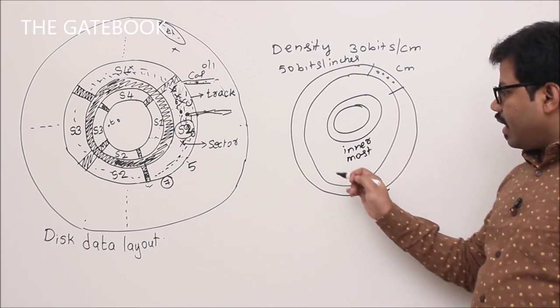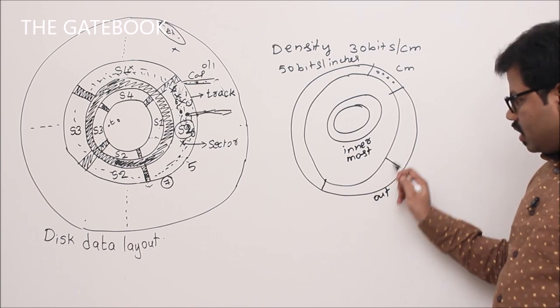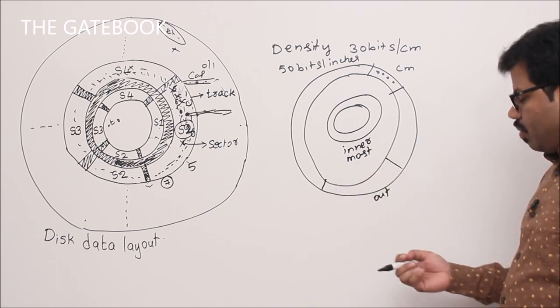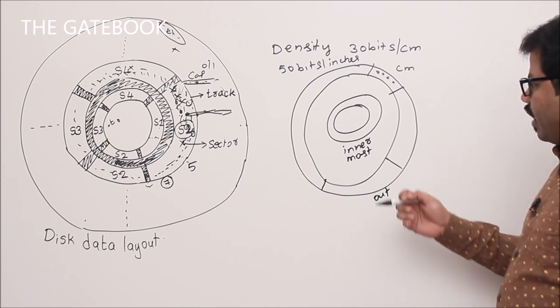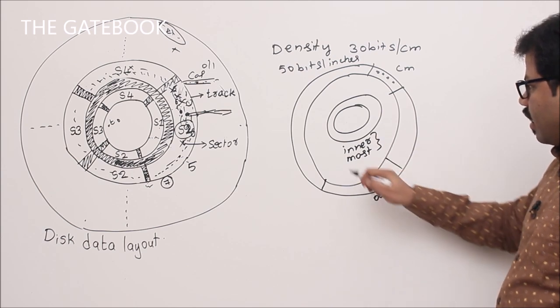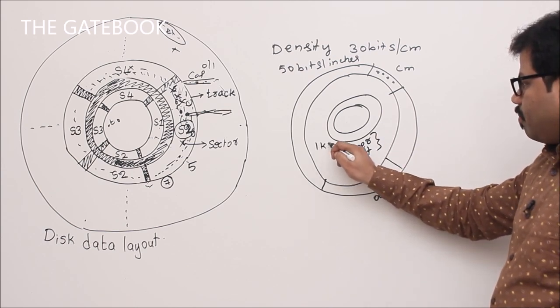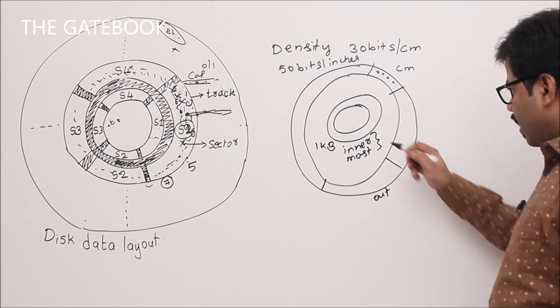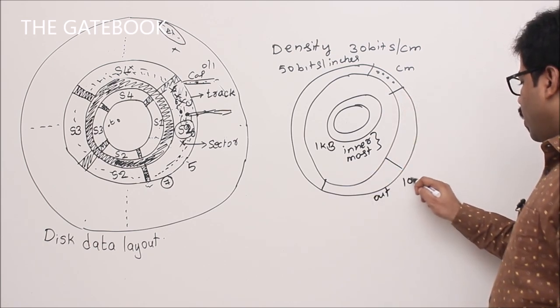Because the outermost track has much more space, the length is more, right? So that is a problem. What is the problem, sir? Why don't you maintain this kind of variation, like in the innermost track, let's say I am storing 1 KB, because the length of the outermost track is much higher than this inner one, then maybe I am storing 10 KB.